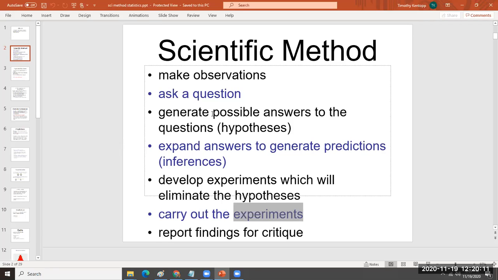What environment did you collect the samples in? What time of day, what voltage levels applied for this type of circuit or whatever. If you don't specify those things and collect those things later on, when other people are trying to duplicate results, because you can get a variety of results, you want to be able to report the findings for critique, because if you're successful, people are going to try your ideas out.